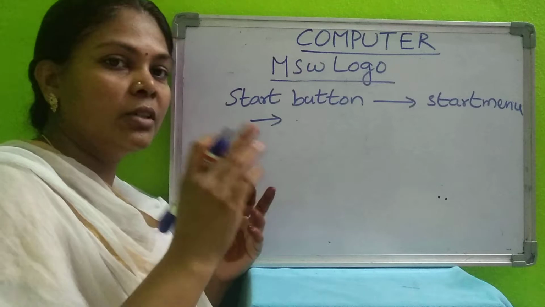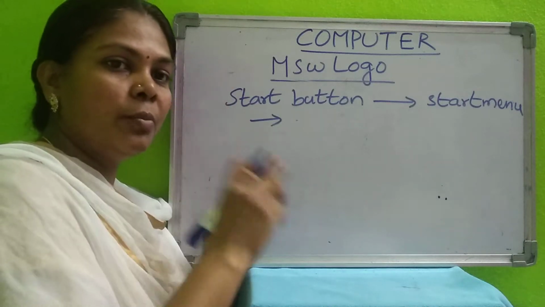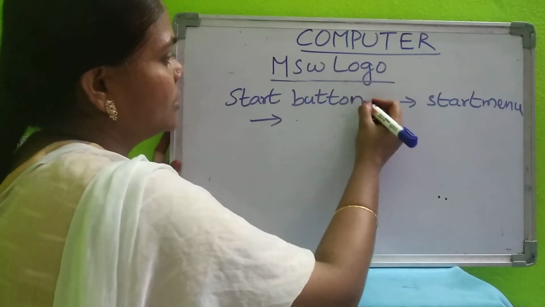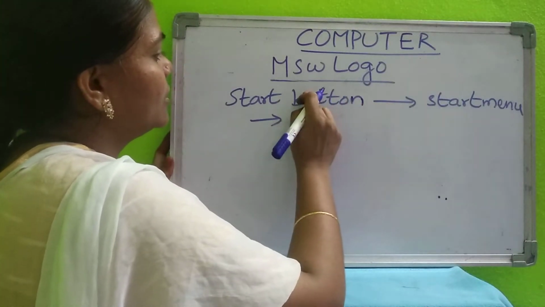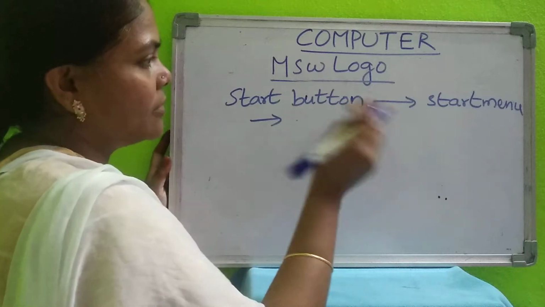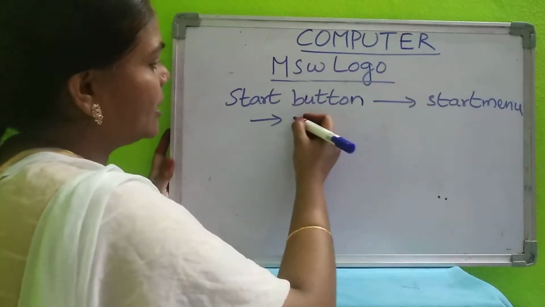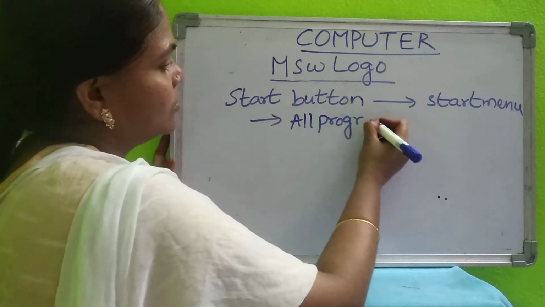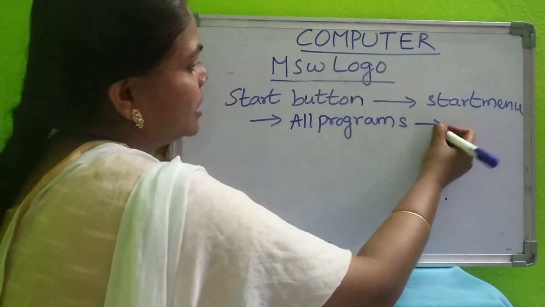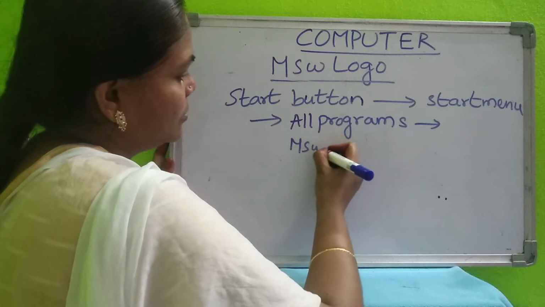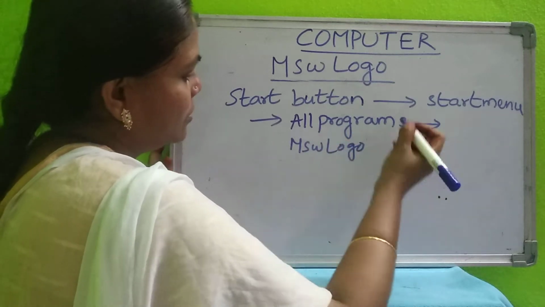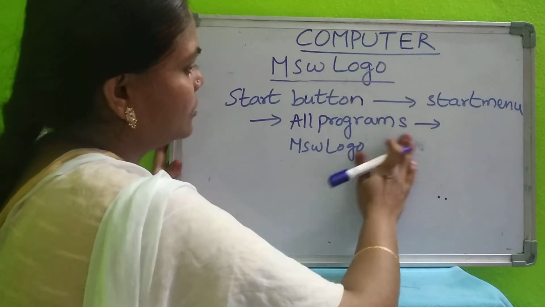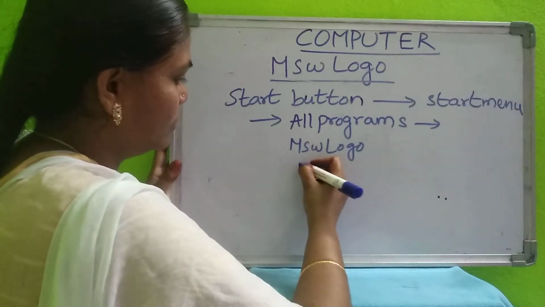I have saved it on the desktop, so I will show you opening from the desktop. Or if you have a Windows 7 operating system, you have to go to all programs and open MSW logo document, and it will open the MSW logo.